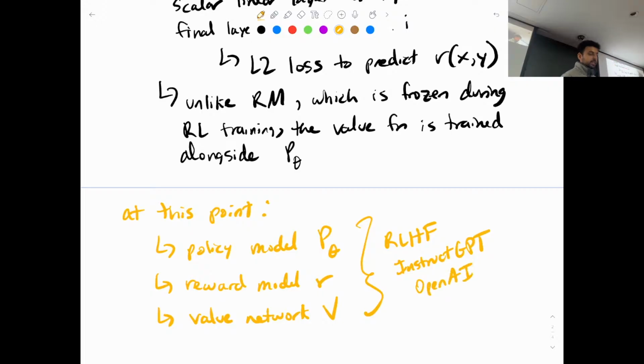And so this setup became very common. Presumably, they tried many other things, and this was the setup that worked best. And so most LLMs today are trained using all of these, the separate reward model and the separate value function. But it is very compute intensive.